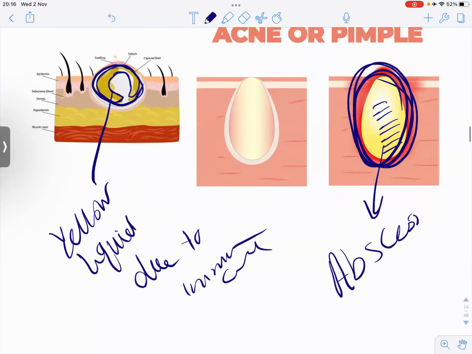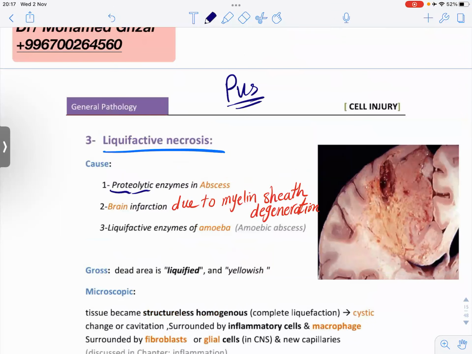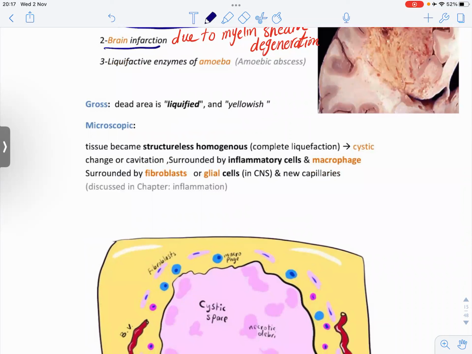So some pus surrounded by fibers is called abscess. So the first example of liquefactive necrosis is proteolytic enzymes in abscess. The second example is brain infarction, death of brain tissue.